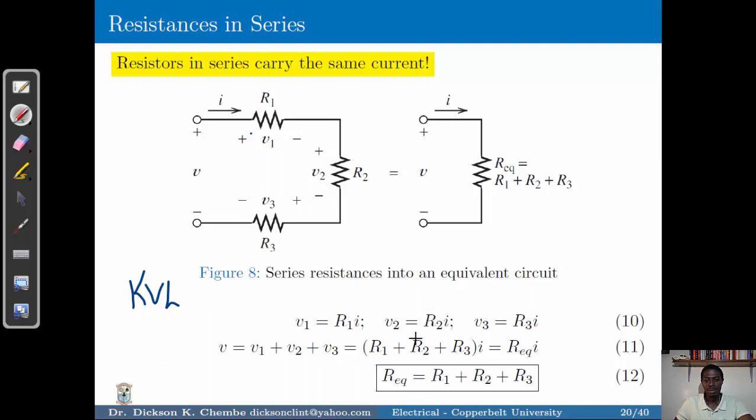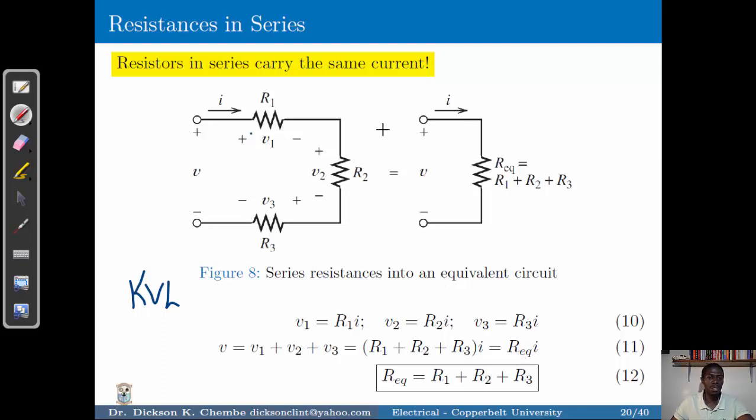When we do that, each voltage drop, for instance V1, is equal to R1 multiplied by the current, and it's the same current, so V2 is R2 multiplied by I, and V3 is R3 multiplied by I. When we add them together, the current I can be factored out, and what we remain with is the three resistances being added, which gives us the equivalent resistance.